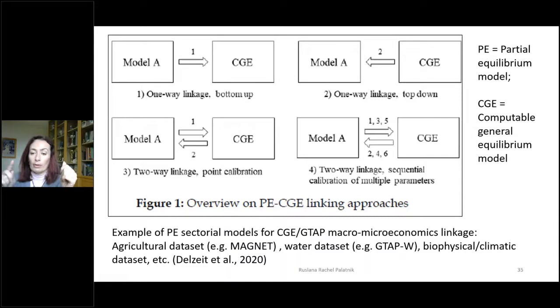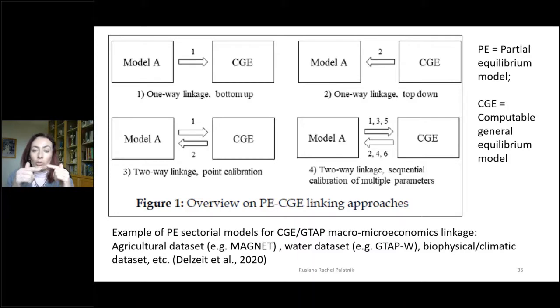So there is kind of a loop in the analysis, when results from one model are fed into the other model. The other model is calibrated or is calculating the new equilibrium, and then the new equilibrium results are fed back to the original model.